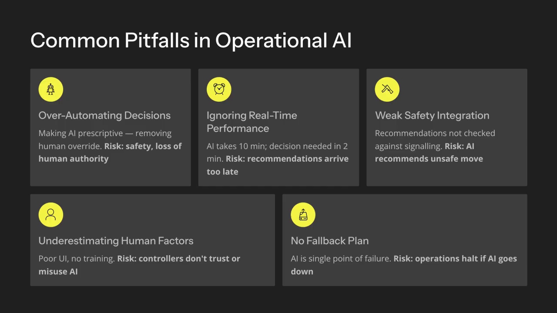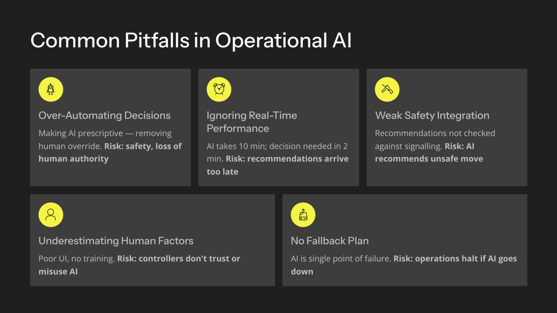Pitfall 1: over automating decisions. There's a temptation, understandable but dangerous, to make AI fully prescriptive. The system recommends rerouting trains A, B, and C and executes it automatically. No controller approval, no human in the loop. For genuinely low risk decisions, platform assignment on a simple layout, for example, that might be acceptable.